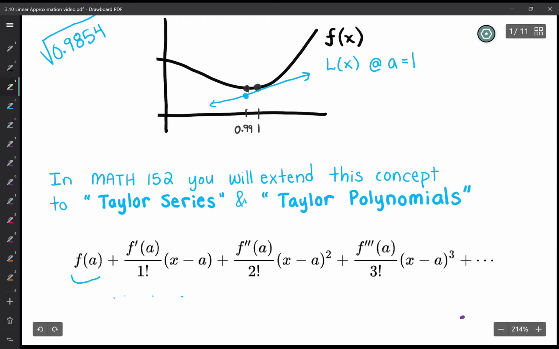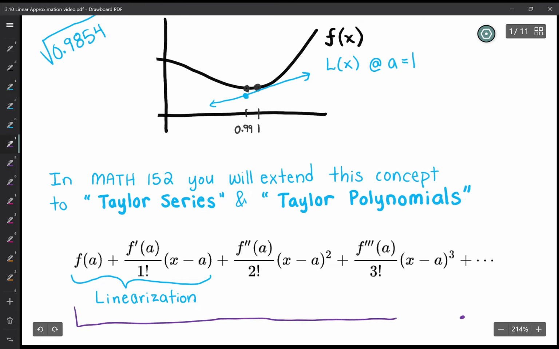So this first bit of a Taylor series is linearization, or linear approximation. And we can extend this further by taking many derivatives to get a Taylor series or Taylor polynomial. But again, Calc 1, just this first bit.